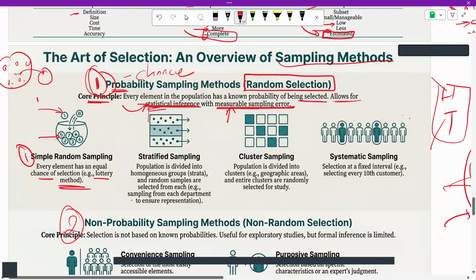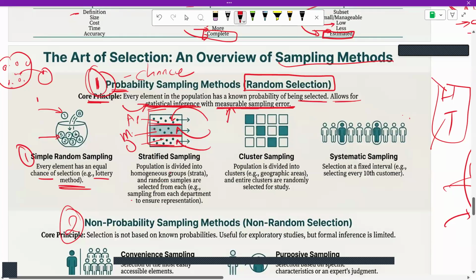Assume this is the bag. This is apple, this is mango, this is orange. First, it should be divided into certain groups: apple separately, mango separately, orange separately. And then randomly select one.